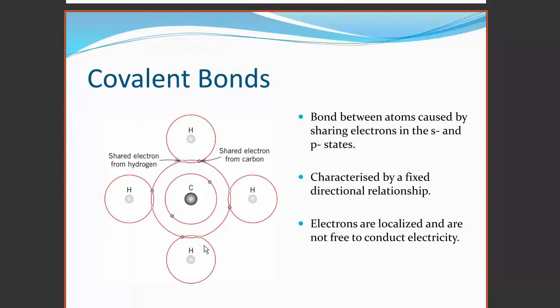But a very simple way of explaining this is to say that the sharing of electrons creates a filled second shell for carbon, hence lowering its energy level, and similarly, sharing of electrons creates a filled outer shell in hydrogen, hence lowering its energy.